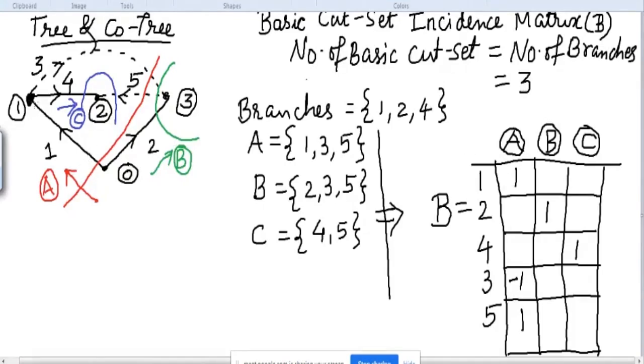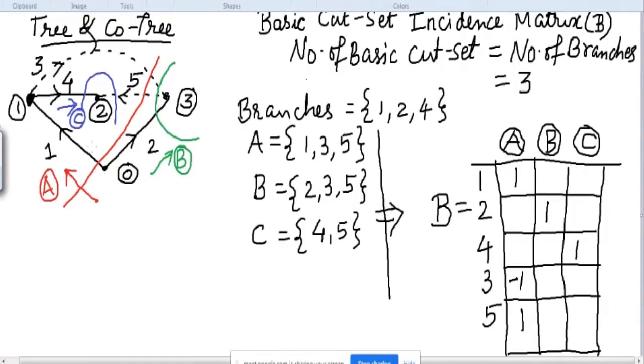So for this common point, node number 1, this element 1 is incoming. That's why all the incoming elements will be positive and the outgoing ones will be negative. So we are interested in only these three elements, that is 1, 3 and 5. Don't think that since we are going to this common point, 4 is also outgoing, so we have to make an entry for 4 also.